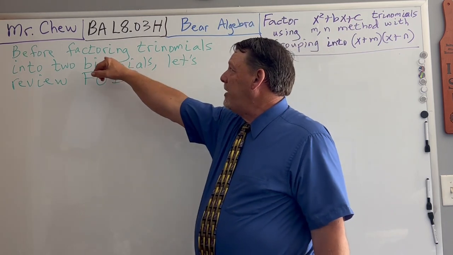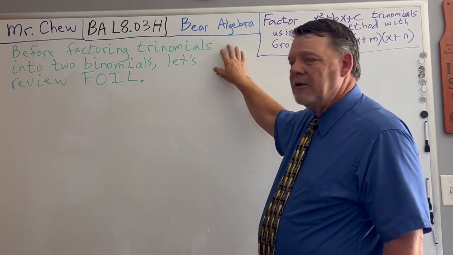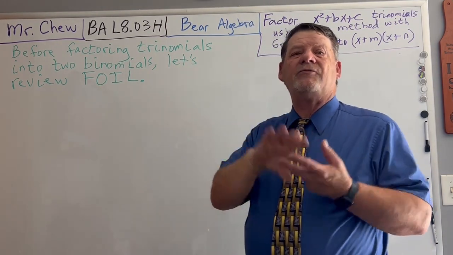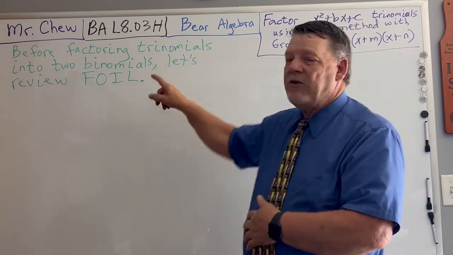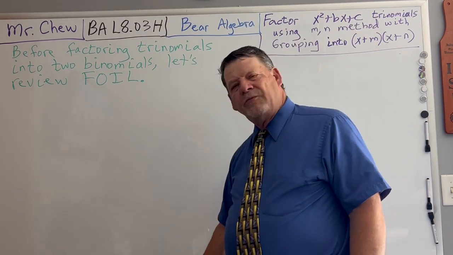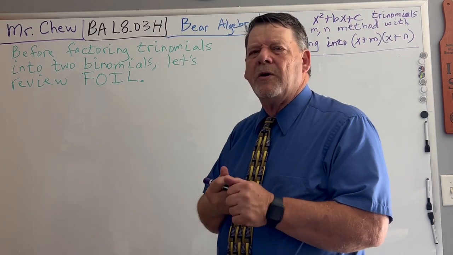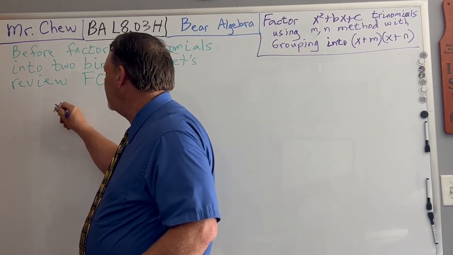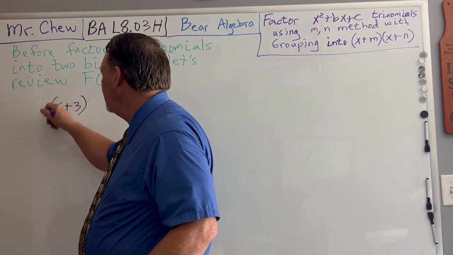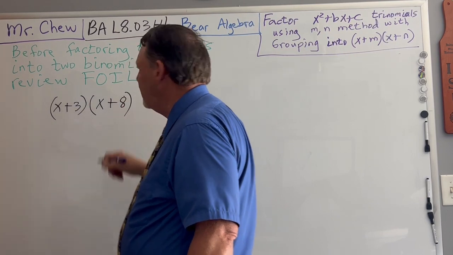So before we start factoring the trinomials, we'll do two examples and then you'll have two challenge problems you can practice. Let's review FOIL. If you remember FOIL, if you take any two binomials and multiply them, so let's just take x plus 3 times x plus 8.